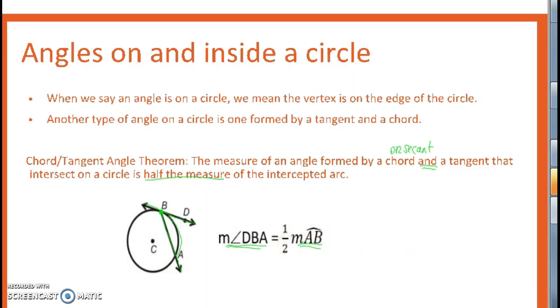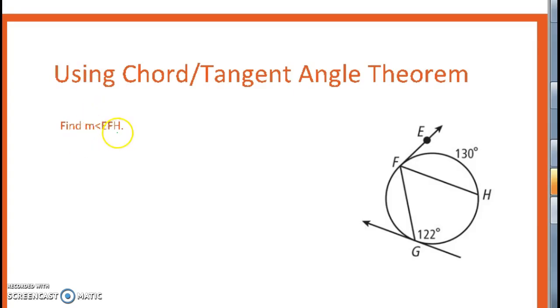So let's use this theorem, the chord tangent angle theorem, over the next few problems so that we can practice this idea. So here we want to find the measure of angle EFH. Notice that EF is our tangent, FH is our chord. And so the measure of angle EFH is equal to 1/2 the measure of the intercepted arc, which if you look at your circle, is the arc from F to H. So we call this arc FH, and I know that arc FH is 130 degrees.